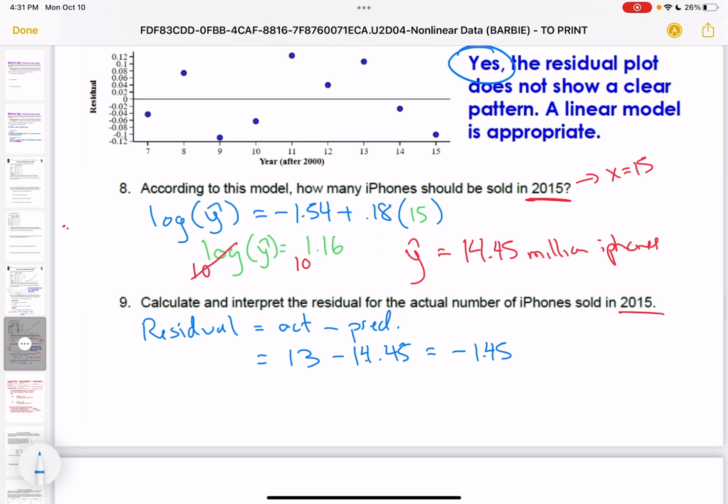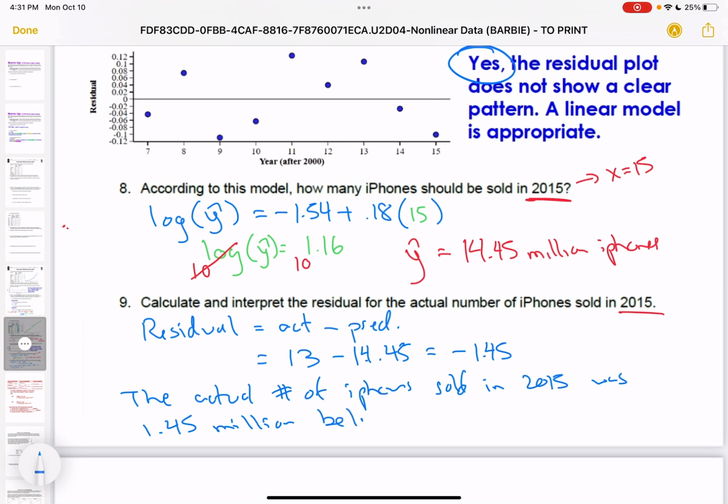And if we interpret that, that means that the actual number of iPhones sold in 2015 was 1.45 million below the prediction.